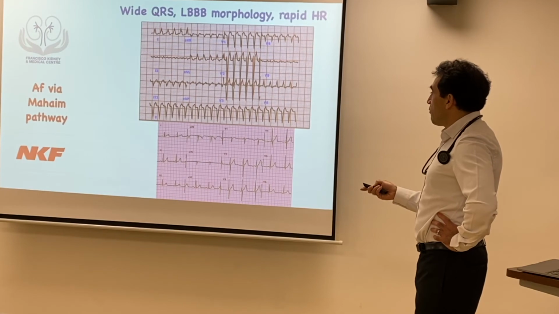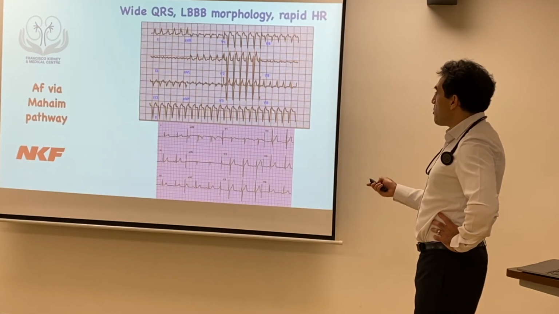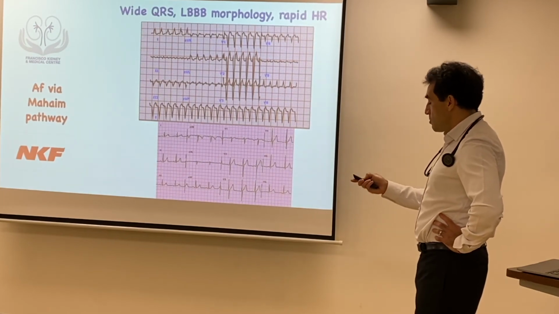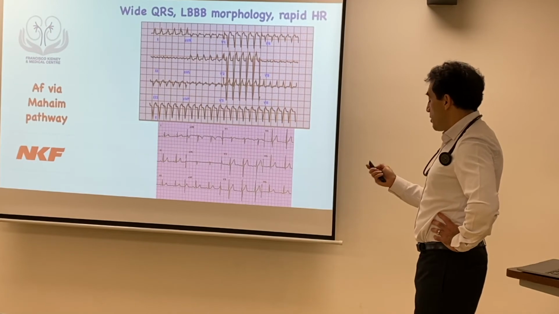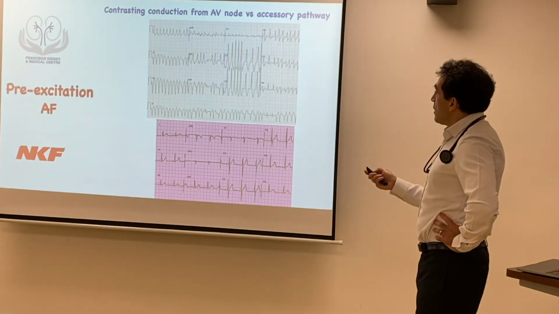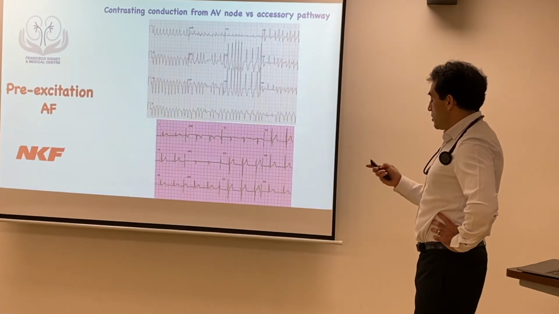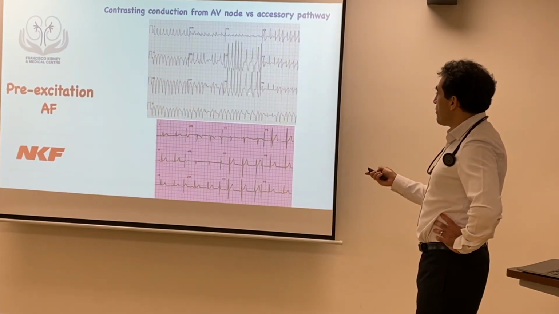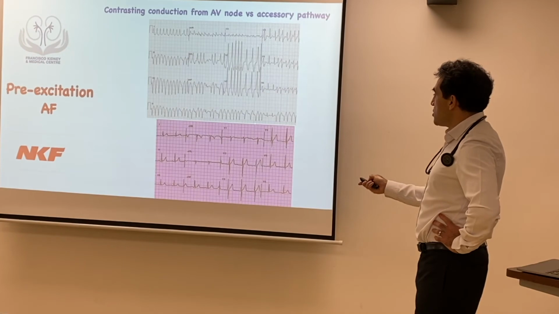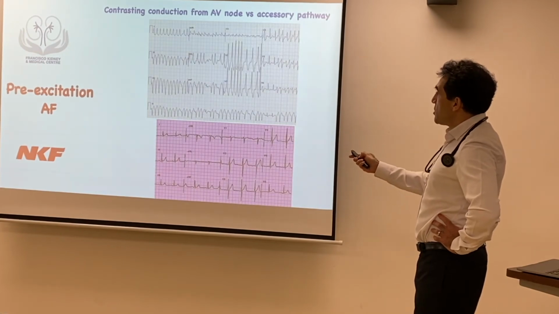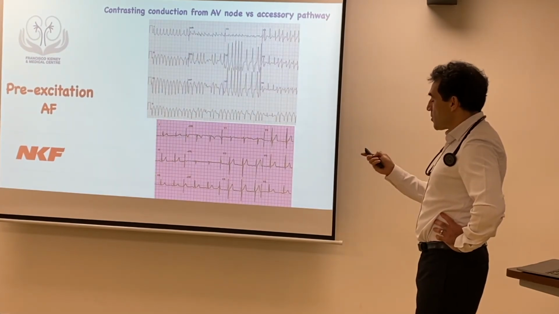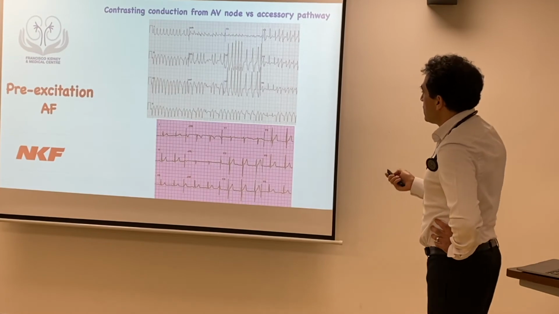It can be atrial flutter, so now it looks more regular, but it's the same. It activates through this pathway and has this aberrant morphology. There is another one with AF. The morphology keeps changing because sometimes the conduction is through the normal AV node and sometimes through the accessory pathway.